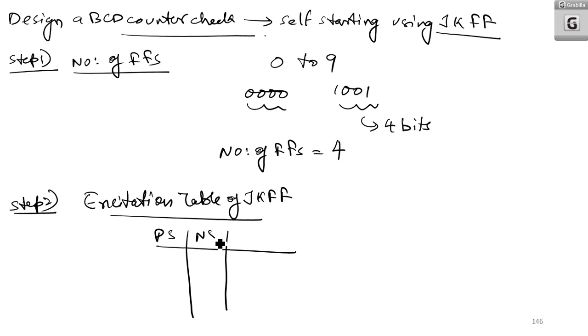And after present state and next state, you should find J and K. So 00, 01, 10, 11. 00 means it is 0 don't care. 11 means it is don't care 0. 01 means it is set, so it is 1 don't care. 10 means it is reset, so it is don't care 1. So that is the excitation table of JK flip-flop.